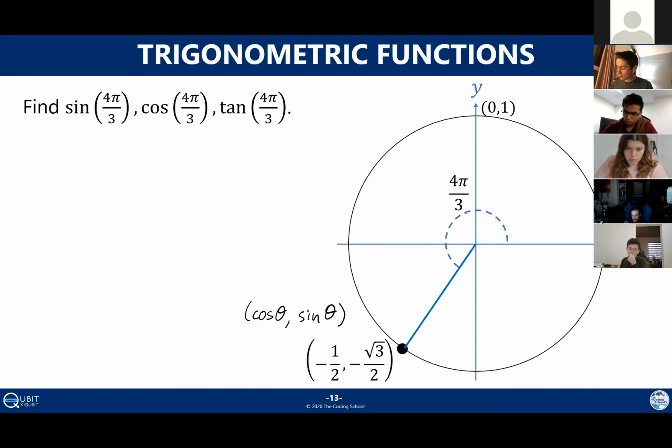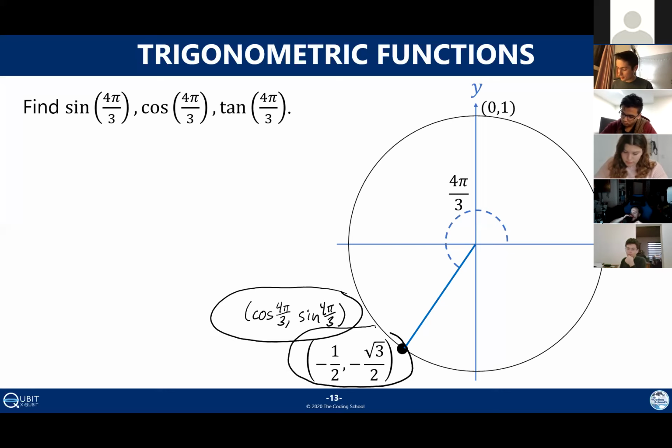In this case, we're shown that the angle here with the x-axis is 4 pi/3. So I'm going to go ahead and substitute that in for theta. And now, just like before, we know that these coordinates here describe the same point as these coordinates here. So their x and y components must be the same.